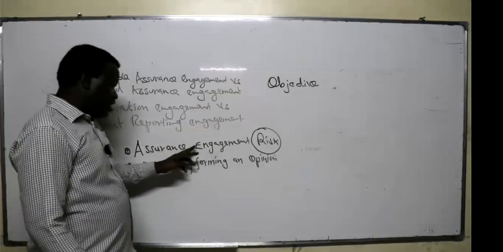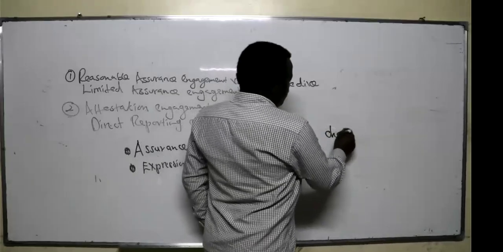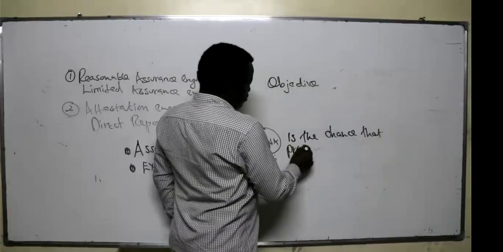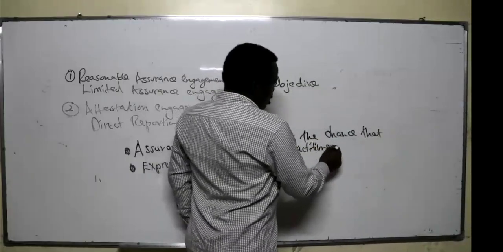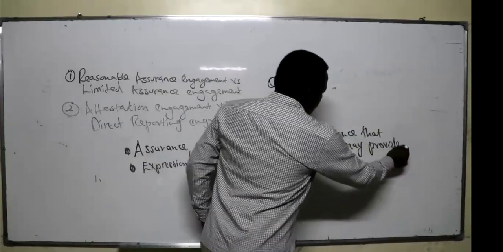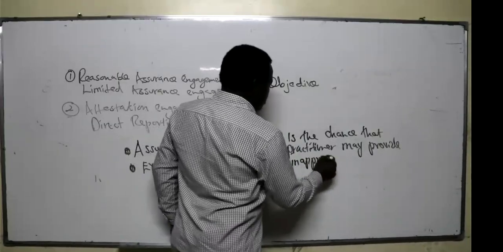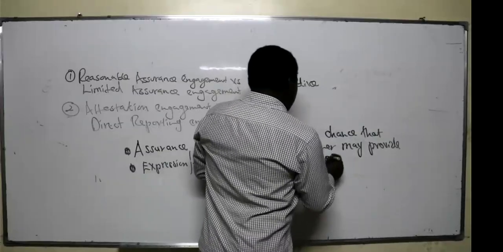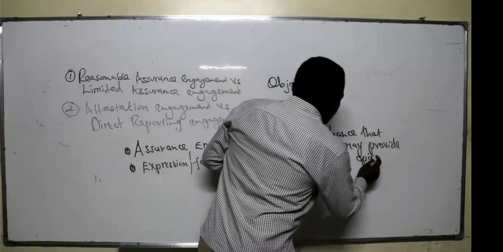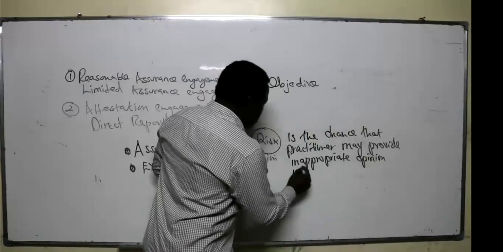So assurance engagement risk is just the chance that the practitioner may provide an inappropriate opinion when the subject matter is materially misstated.